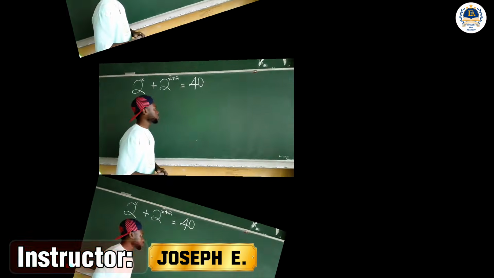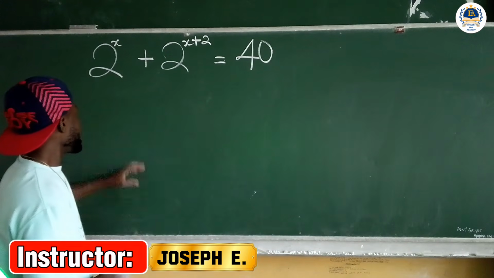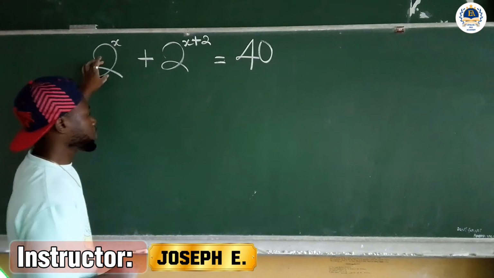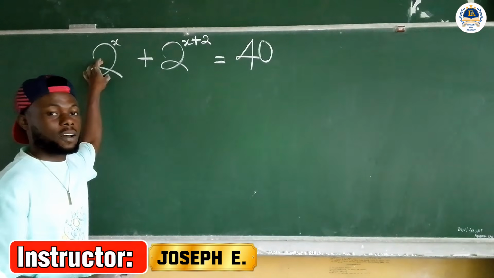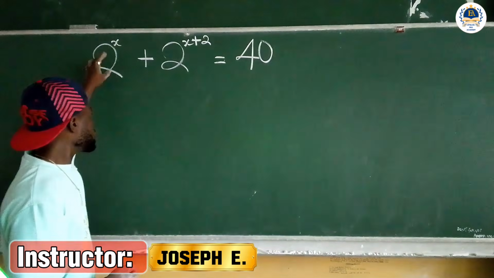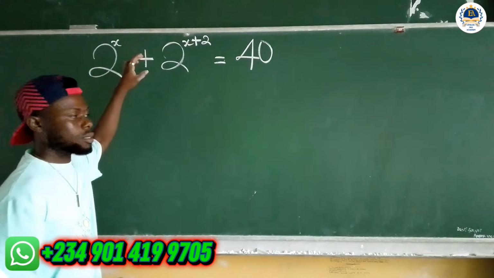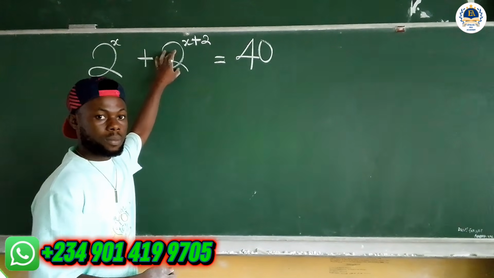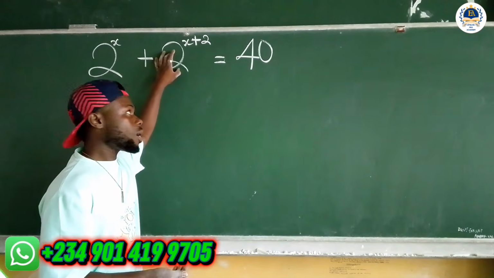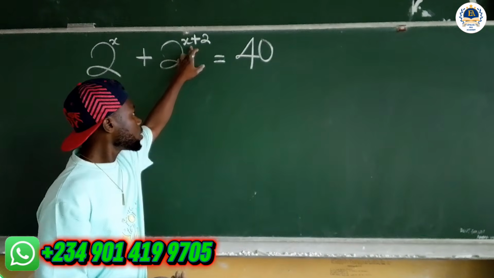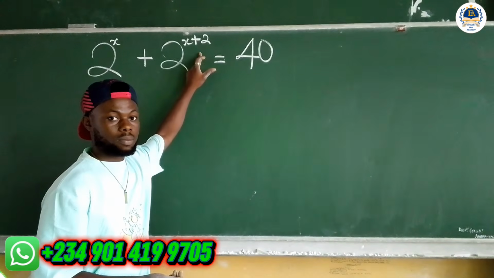In this question on the board, we have a term written in its exponential form, 2 to the power of x. We also have this term raised to the power of x plus 2.